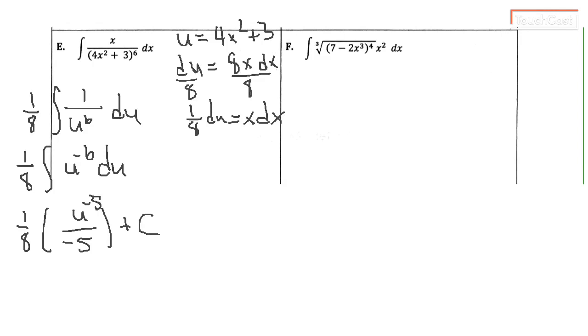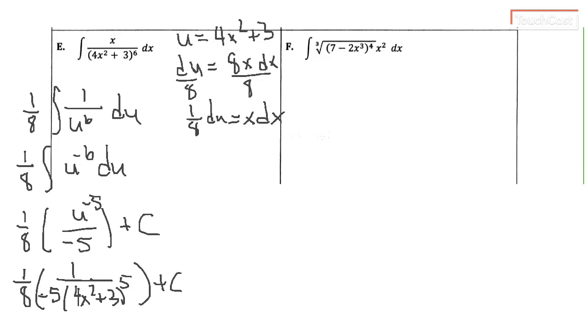Now I'm going to replace my u. We're going to have 1/8 times, in fact, I'm going to at the same time bring that negative power down. So 1/8 times 1 over negative 5 times 4x squared plus 3 to the 5th plus c, and I'm almost done.